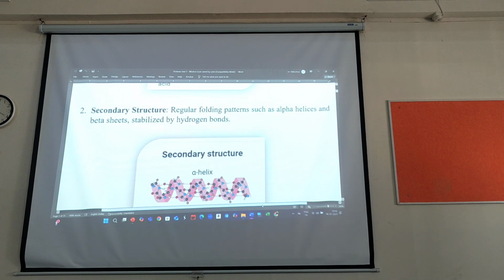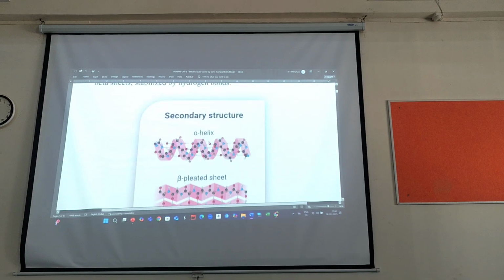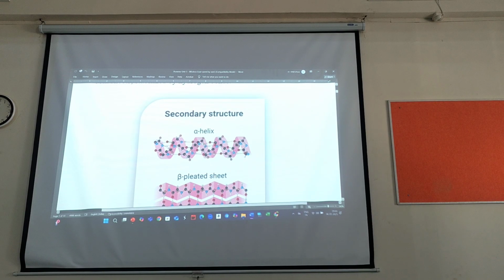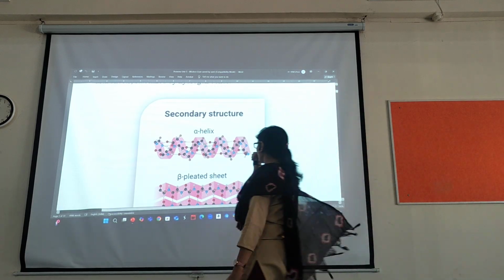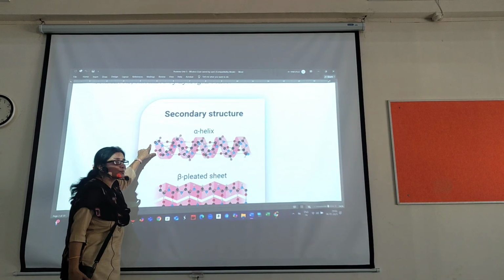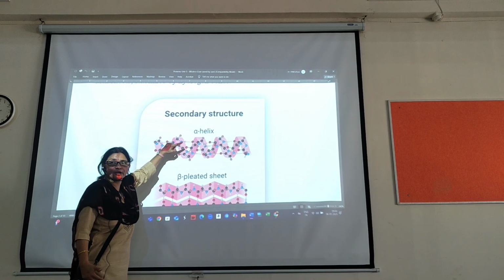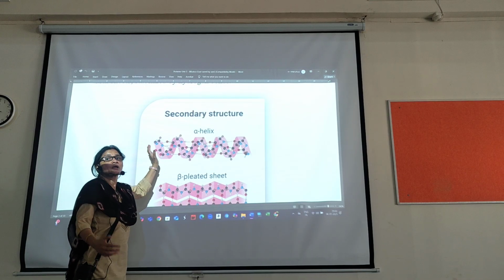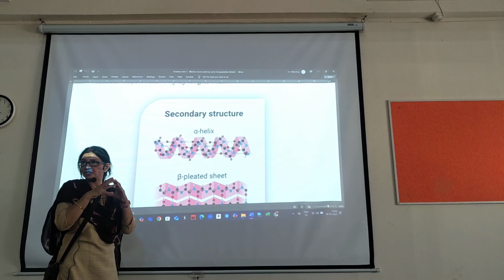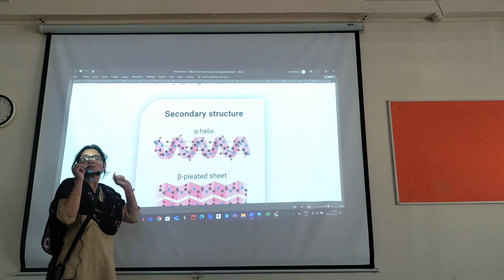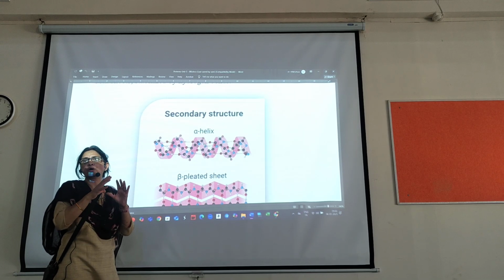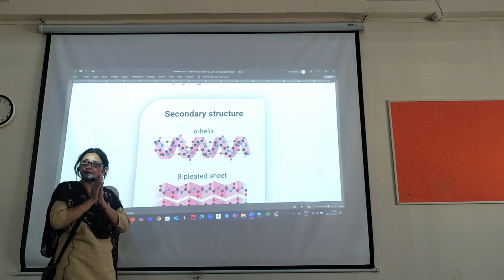It looks like a helix. Due to that, hydrogen bonds occur between the atoms. You can see here the amino group, and when the chain gets coiled or folded, two hydrogen atoms come in front of each other, and that's why a hydrogen bond occurs between them.